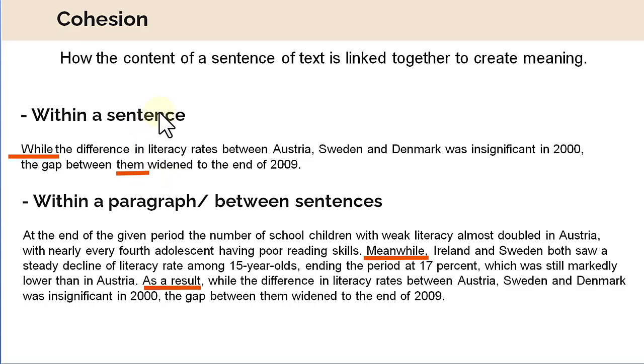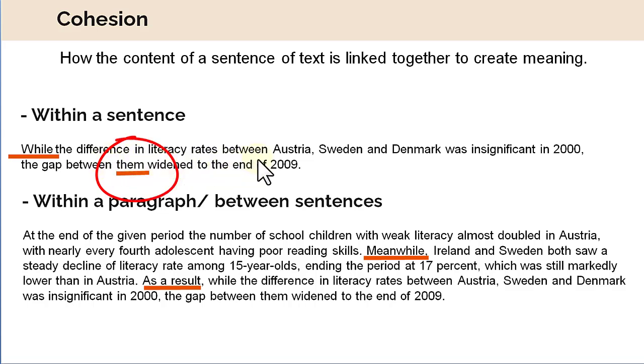So let's take a look at how cohesion can be achieved within a sentence. For example, here we have: while the difference in literacy rates between Austria, Sweden, and Denmark was insignificant in 2000, the gap between them widened to the end of 2009. Here, a very easy cohesive device is just a pronoun.